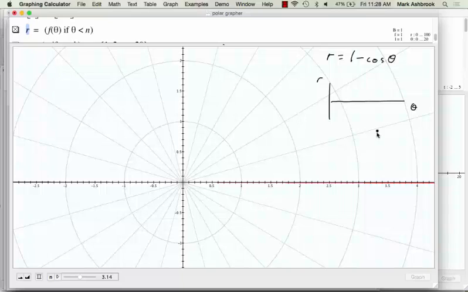What is the period of 1 minus cosine theta? 2 pi still. Okay. Where is the max and the min? So this is really like negative cosine plus 1.